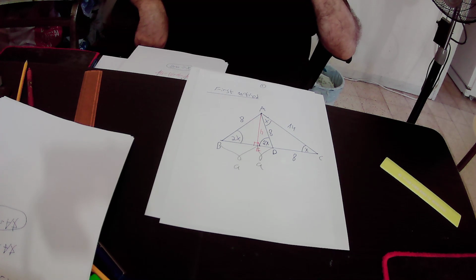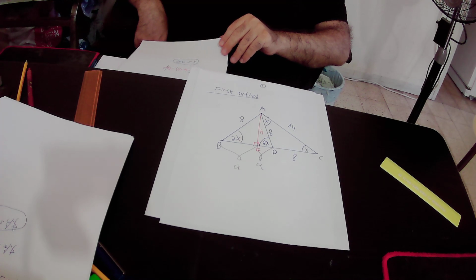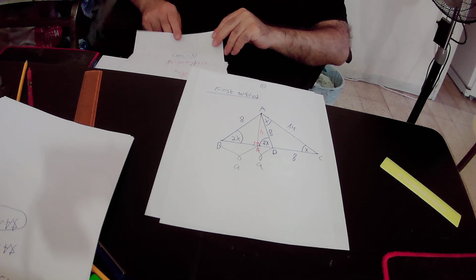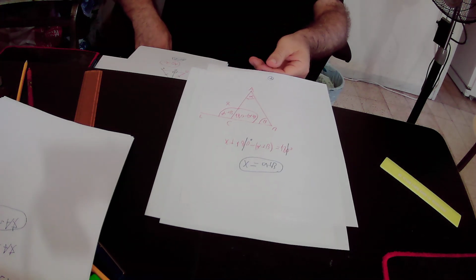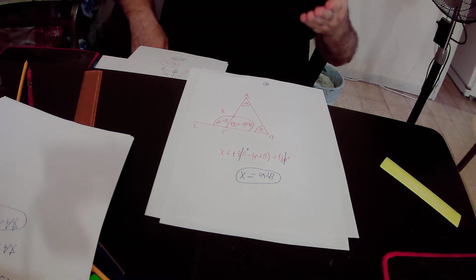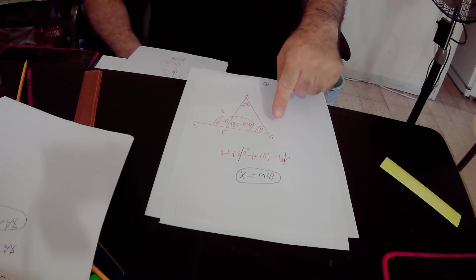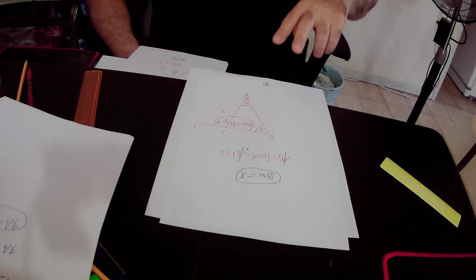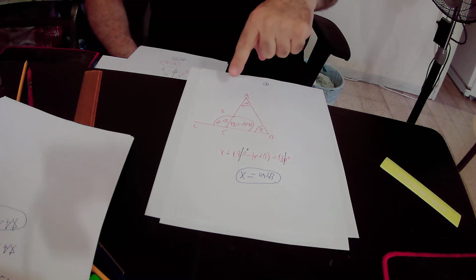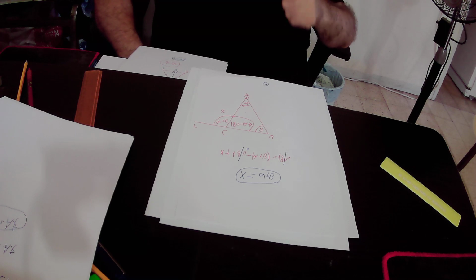Okay, then we have a rule that if in any triangle, for example triangle ABC, alpha plus beta equals the exterior angle, that is angle ACL. Again, alpha plus beta equals angle ACL.